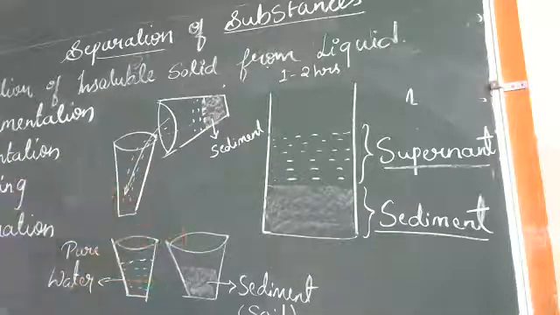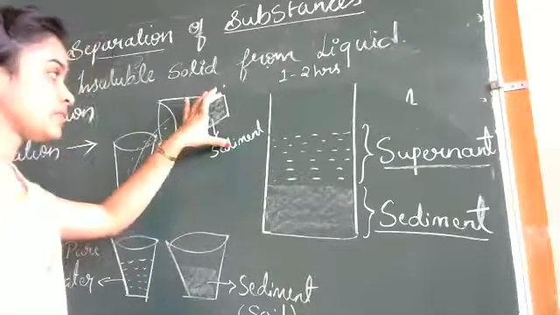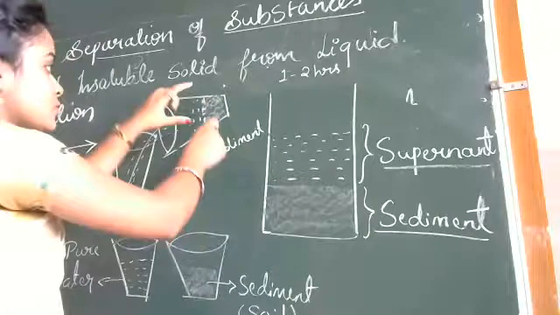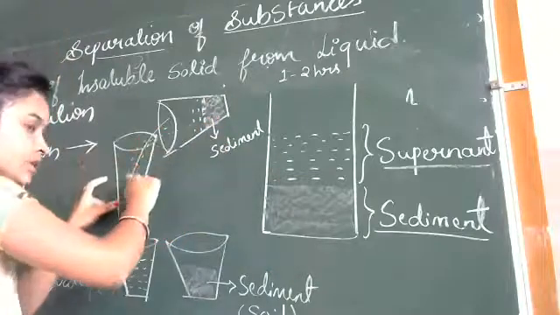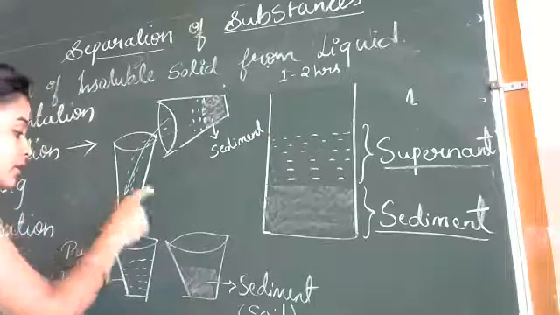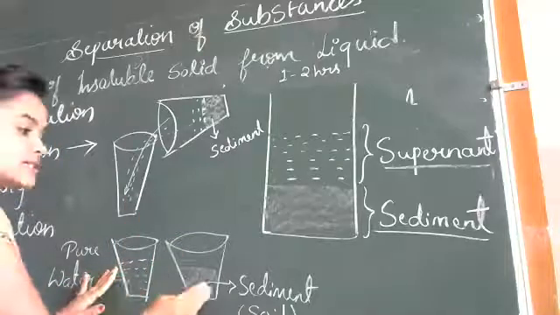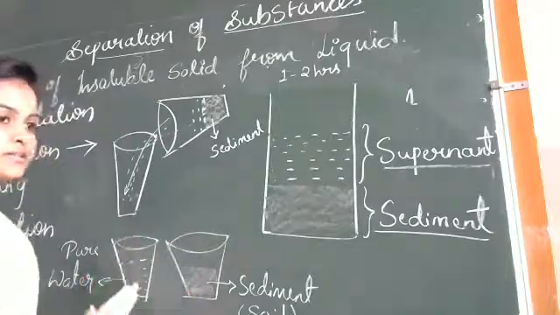So this is the decantation process. Without disturbing this sediment, slowly we are pouring that water into this next glass, so that we get water and sediment separately.